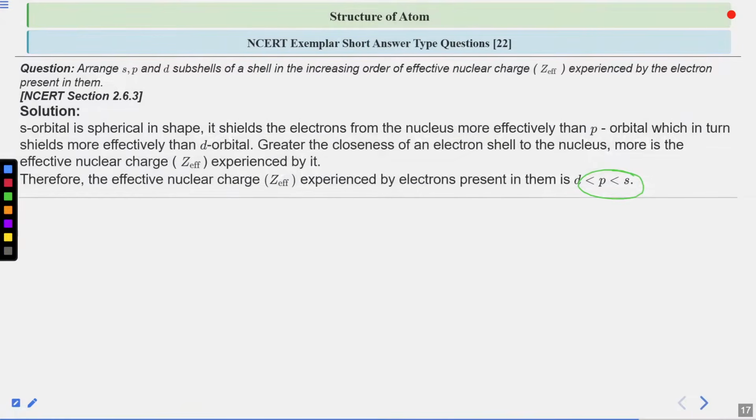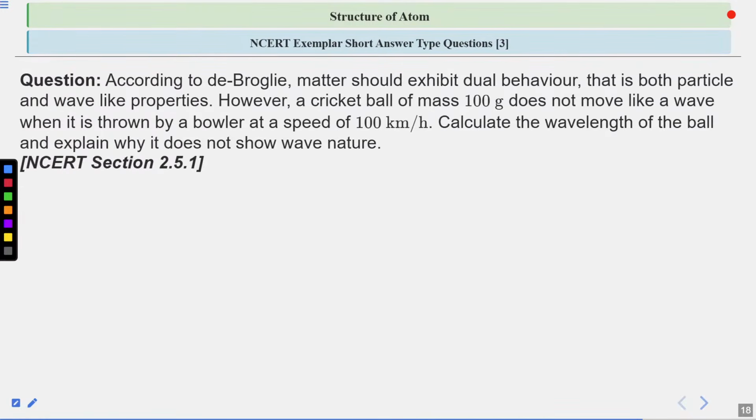Now moving forward to the next question. According to de Broglie, matter should exhibit dual behavior, that is both particle and wave-like properties.